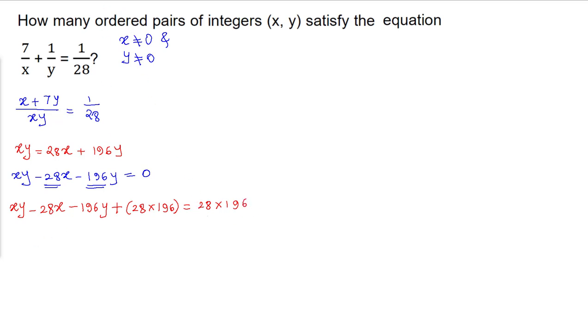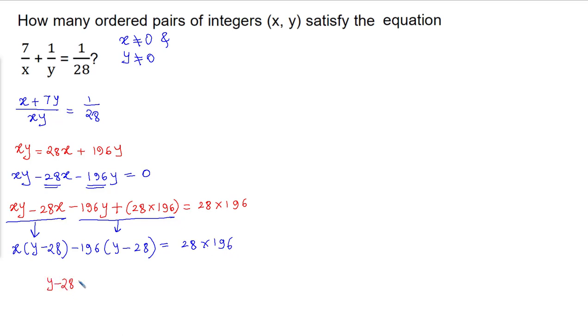From the first two terms I am going to take x common. So what is remaining in the bracket? y minus 28. From the next two terms, I am going to take minus 196 common. What is remaining in the bracket? y minus 28 is remaining, equal to 28 into 196. Now let's take y minus 28 common.